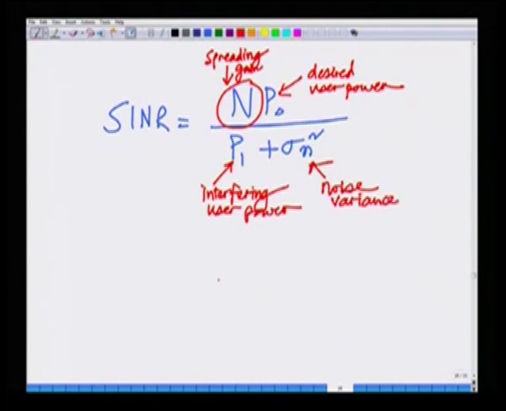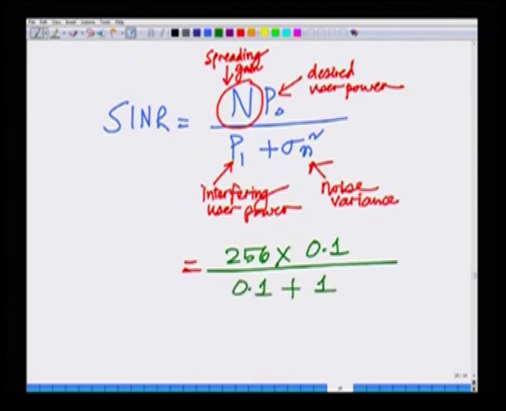N is nothing but the length of the spreading sequence, that is the spreading gain, which is 256, times P0, which is minus 10 dB equals 0.1, divided by P1, which is also 0.1, plus sigma n square, which is 1.